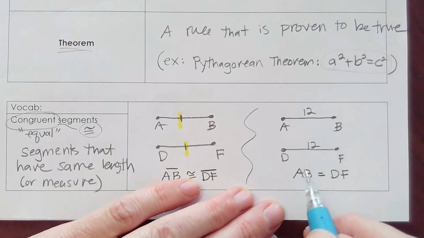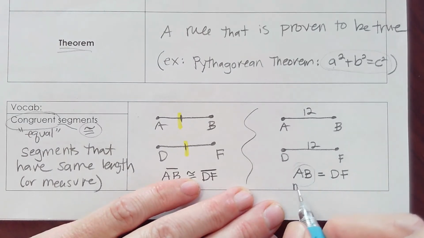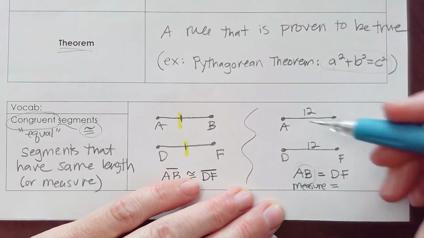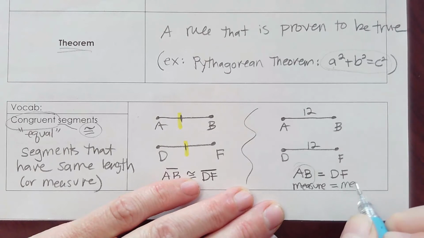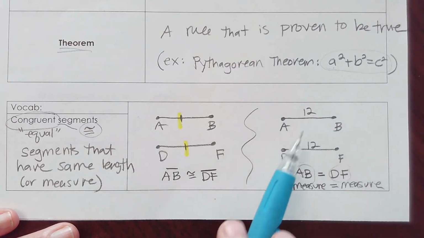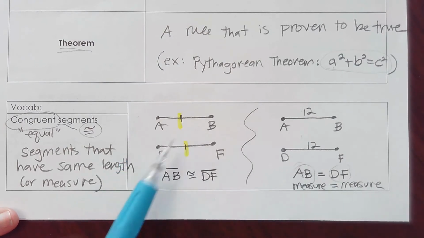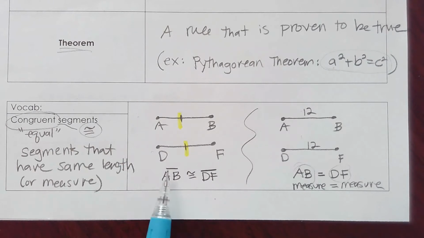When you don't put the little bar above it, this is like saying that the measure of segment AB is equal in length to the measure of segment DF. I know it seems like we're saying the same thing as in the beginning, but you get used to it. When you're working with numbers, you don't put the bar over the top. When you're just simply talking about two segments being the same length without any numbers, then you put the bar over the top and you use the congruence symbol.